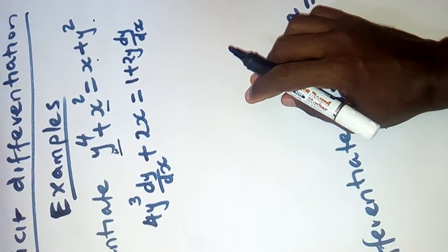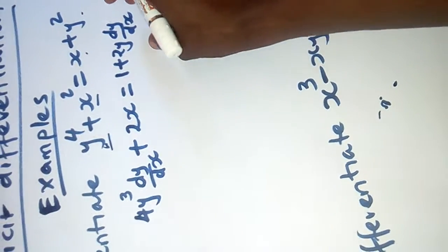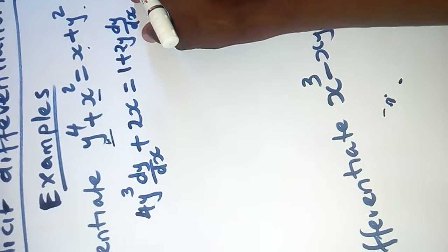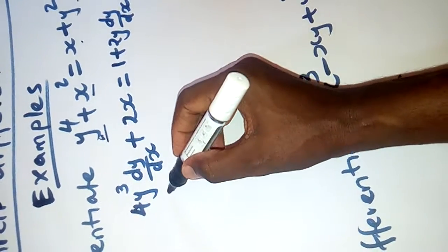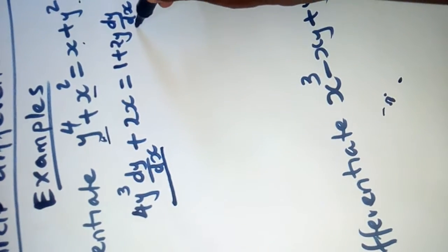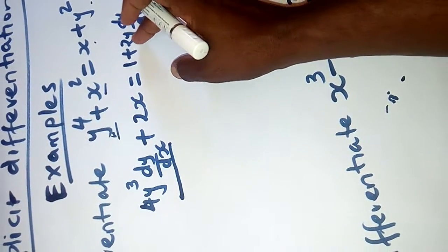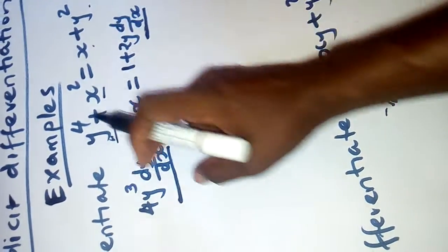From there, we combine expressions that possess dy over dx. So we can see here 4y cube has dy dx, also 2y has dy dx. So we take 2y dy dx to this side.